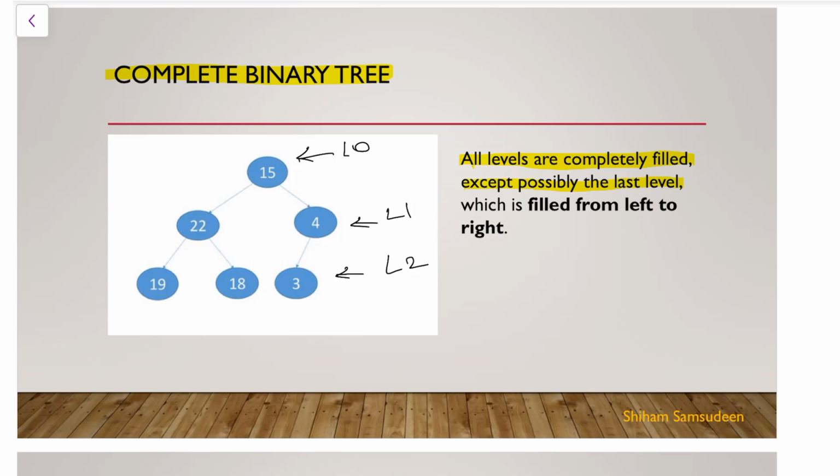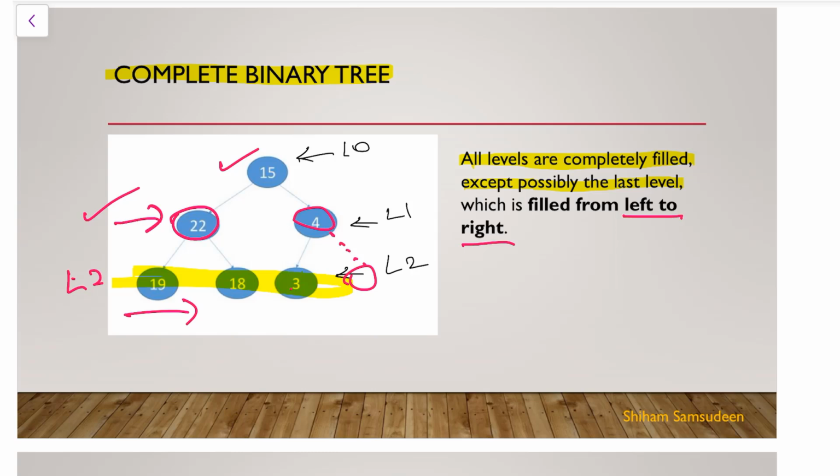So the last level is this one, right? So here it's not complete. This level is complete because it's only the root, and then on the second level you have 2 children, so that is also complete. And on the L2 level you are filling from left to right, but at the end here we have a missing element, right? But that is fine, it doesn't matter. This is called a complete binary tree, right?